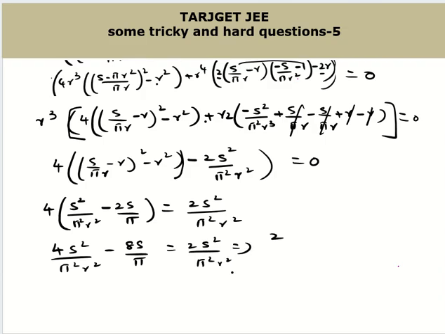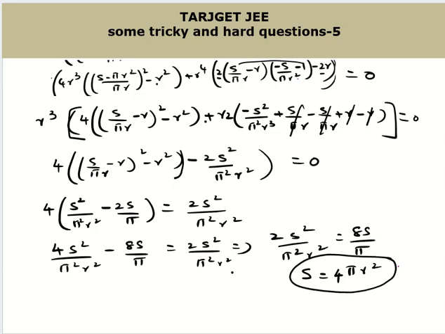This gives you 2s square by pi square r square is equal to 8s divided by pi. So we can cancel one s, one 2, one pi. On the left hand side I simply have s, on the right hand side I'll have a 4, then pi is cancelled, s is cancelled. I'm getting s is equal to 4 pi r square.